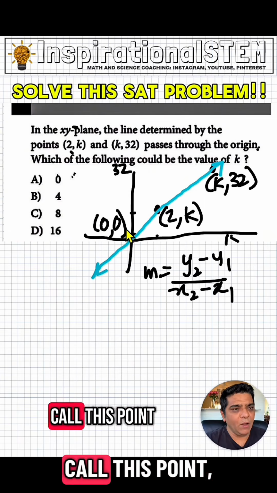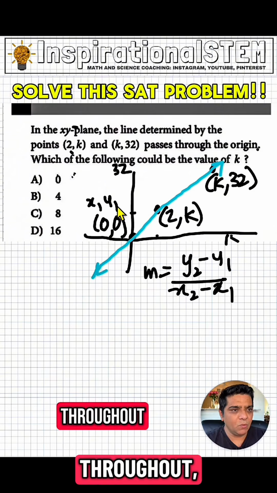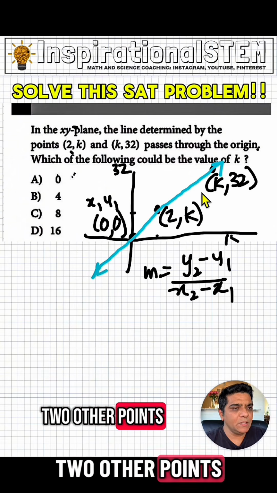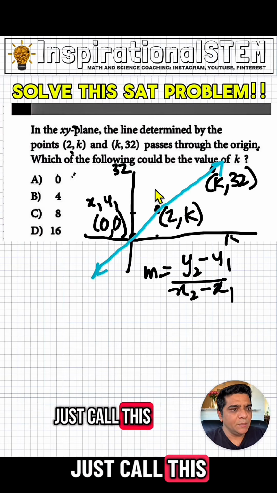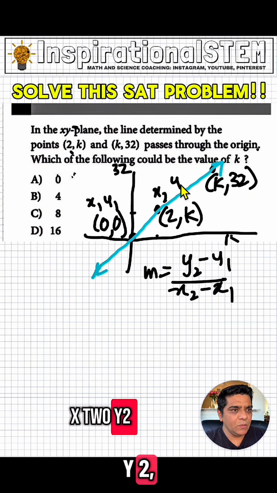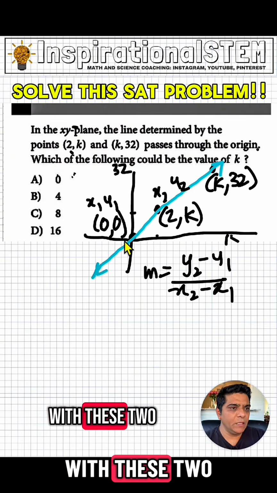So if we call the origin point x1, y1 throughout, then we have two other points which will have the same slope with the origin point.